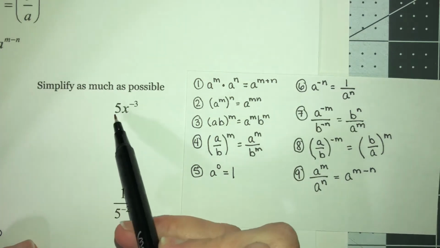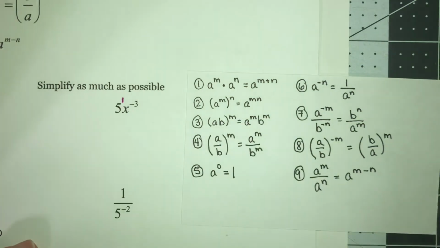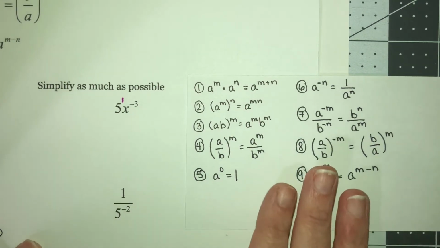People want to move this 5 along with this, but the exponent on the 5 is a +1. A positive exponent's not going to move. Some people think of positive exponents as being happy where they are, and negative exponents as unhappy. So you move the unhappy exponent to the other side, and then they become happy because that's the side they want to be on. It's silly, yes, but it works.